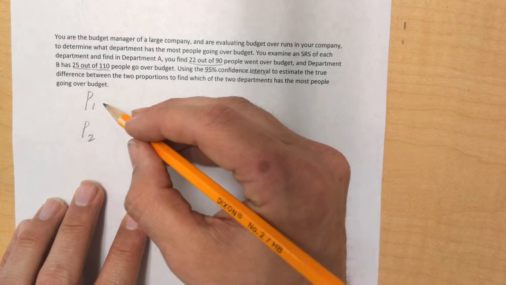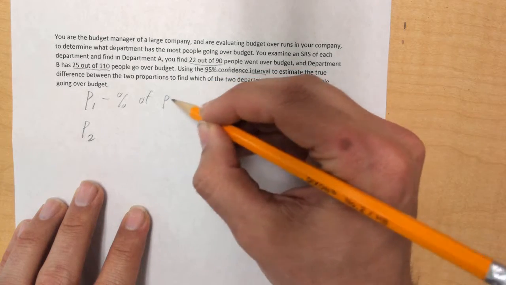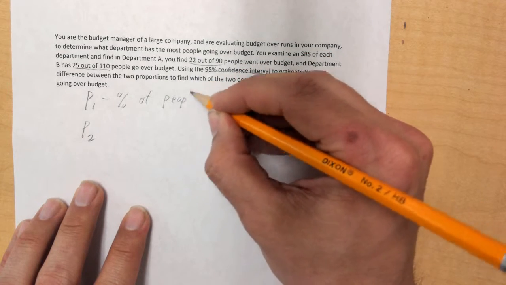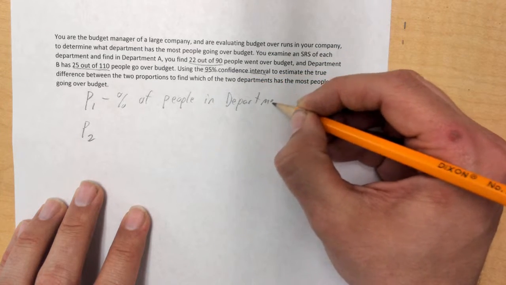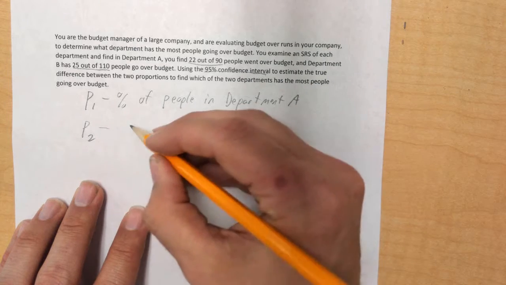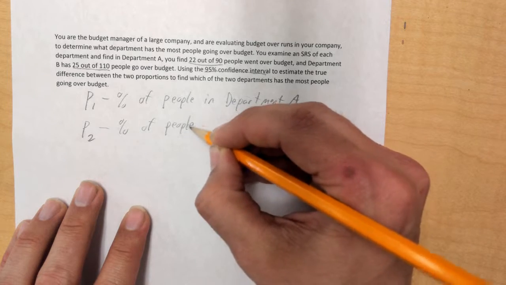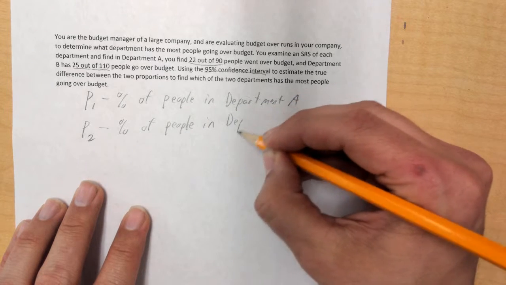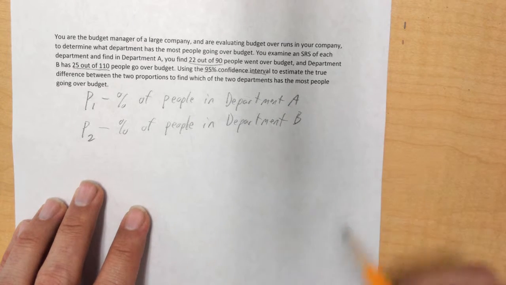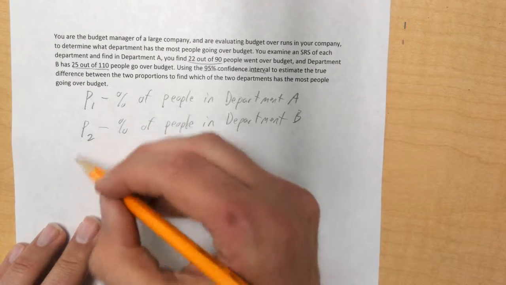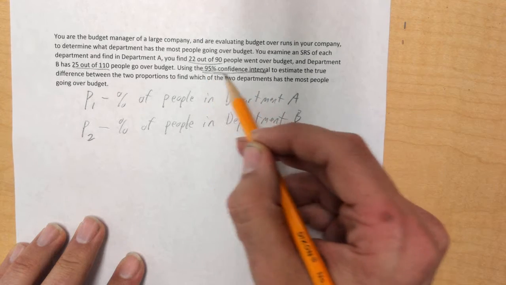So I'm going to have P1 be the percent of people in Department A, and then P2 is the percent of people in Department B. And of course, these are the percent of people going over budget. So we're looking for the confidence interval here, which is this one right here.